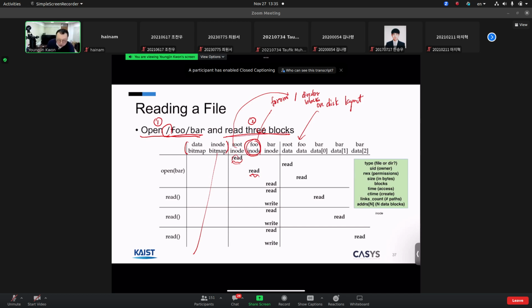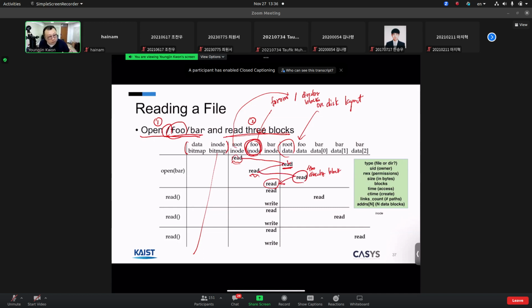For this, the root data, exactly the root directory block, is read, and after reading foo, you have to read the foo directory block. Read it, and then you can finally read the bar inode. Okay, so these are the sequence.